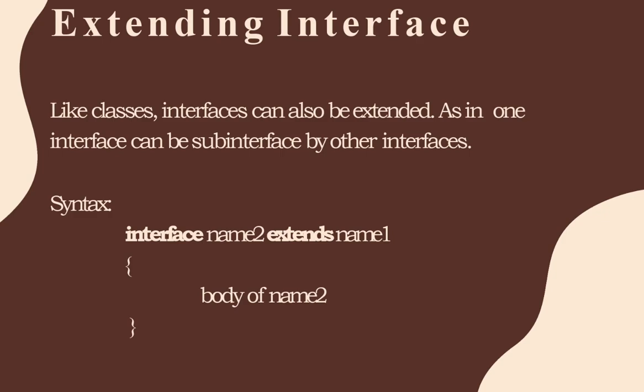There are two interfaces mentioned here in the syntax's first statement, name 1 and name 2. So name 2 is the sub interface here and name 1 is the super interface. So name 2 will inherit the properties of the name 1 interface, and then it is followed by the body of name 2, the second interface.